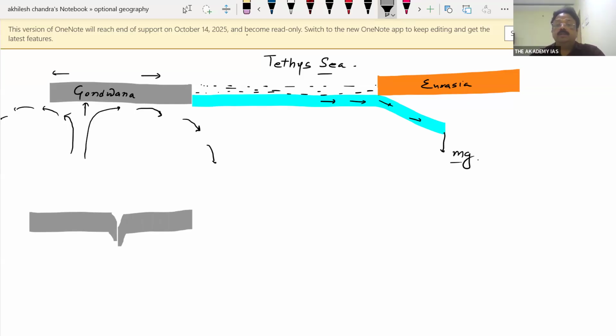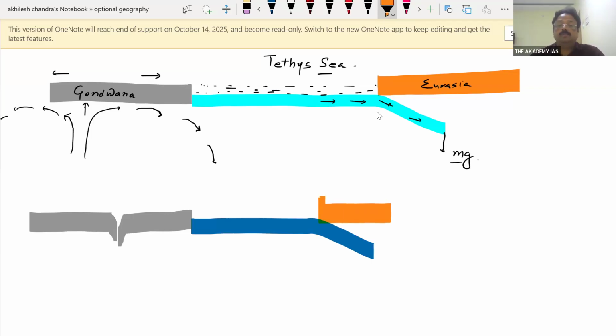And not only split, what happened to the Tethys? This is the plate of Tethys, which is subducting below Eurasia. This is Eurasia. Here it is the Tethys Sea. This is India. This is Africa. And you know this movement is like this. Here the divergence takes place.